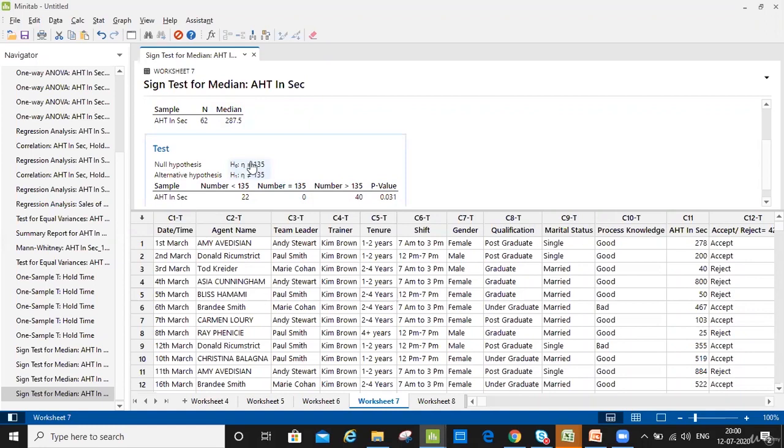If it says null hypothesis, which means 287 is equal to 135, then Minitab is saying that this target is easily achievable over a period of time. Since the process matures, it would easily be achievable. So there is no need to do a project. You should take a target lower than that. That is what it is telling me. So there will be lots of trial and error before we arrive at a particular target.